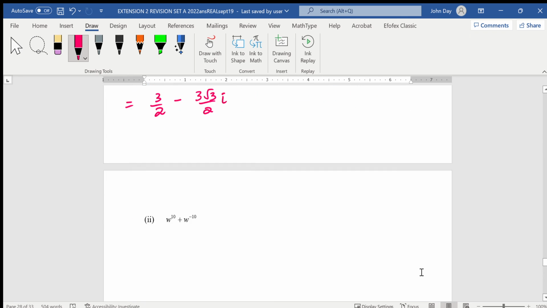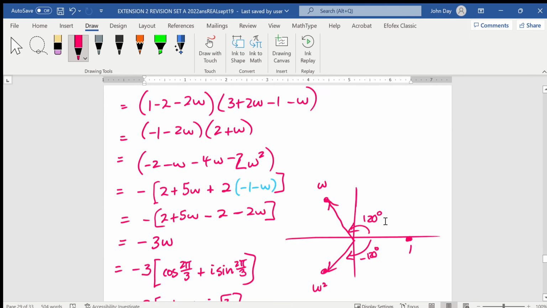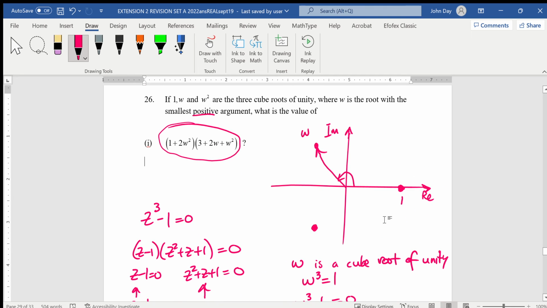All right, the next question is find w^10 plus w^-10 from the same situation. Once again, we know that w cubed does equal 1 because it's a root of that equation. They said at the very beginning that 1, w and w squared are the 3 cube roots of unity.